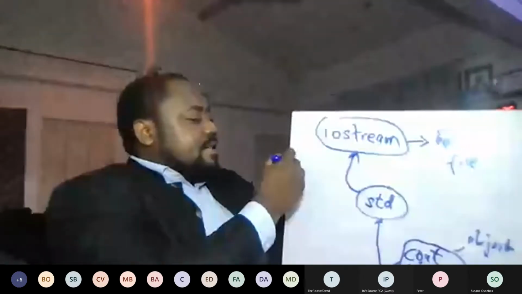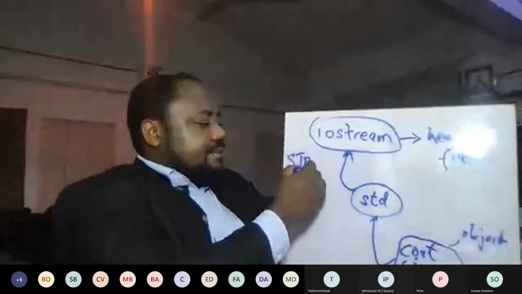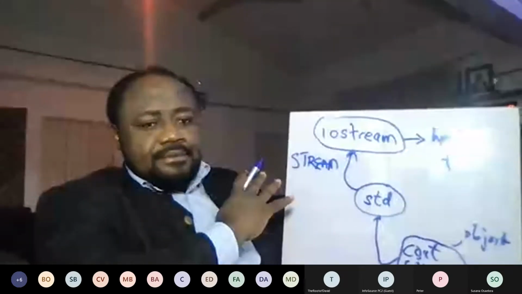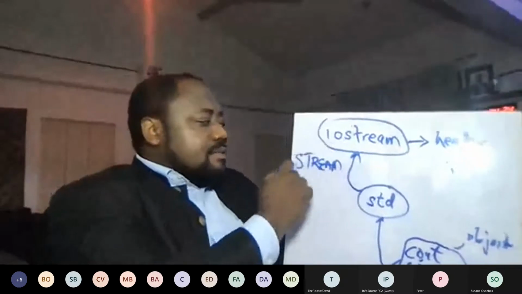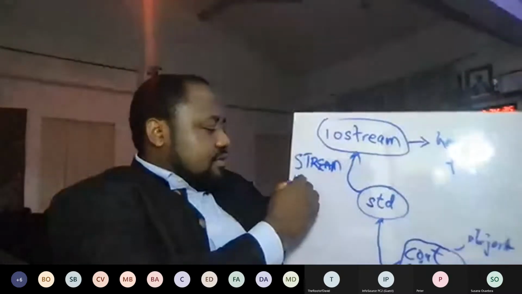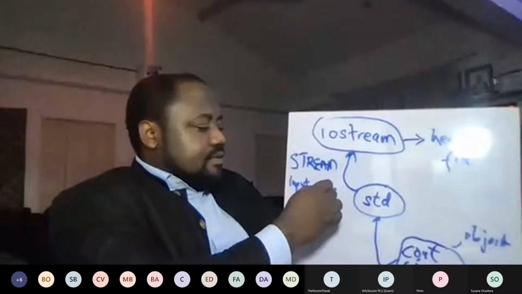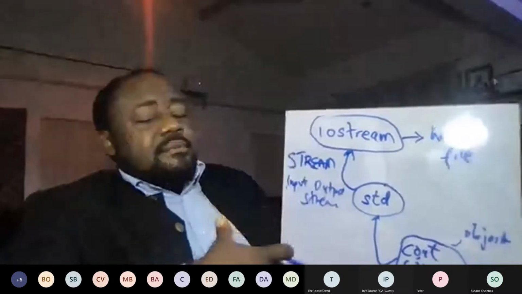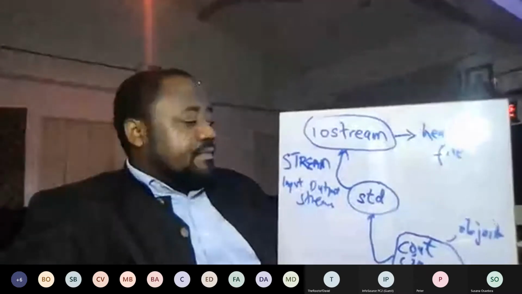In C++, there is something we call the stream. And we'll talk about the stream. IOStream stands for input-output stream.